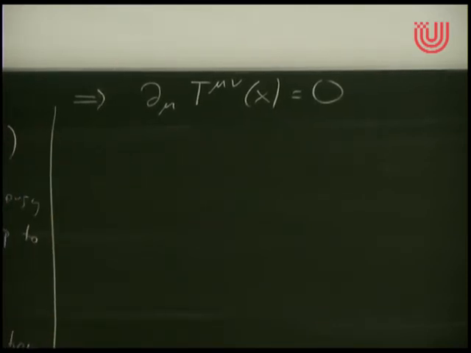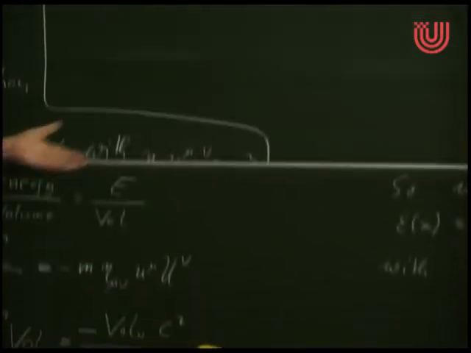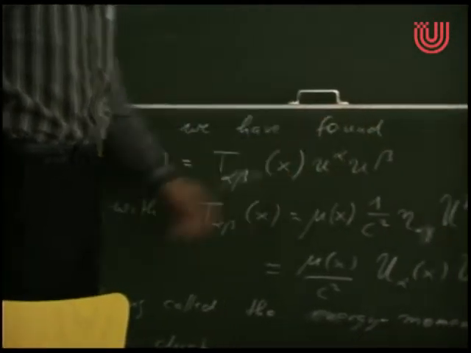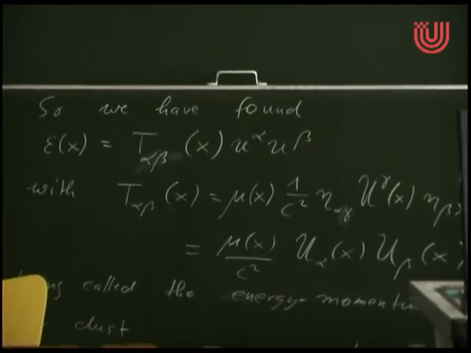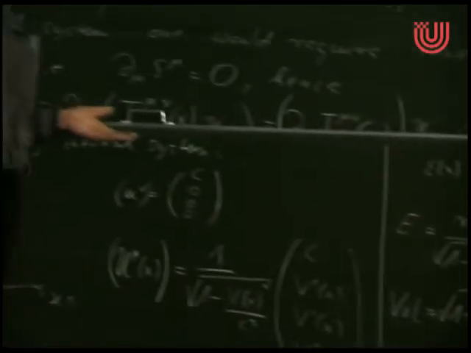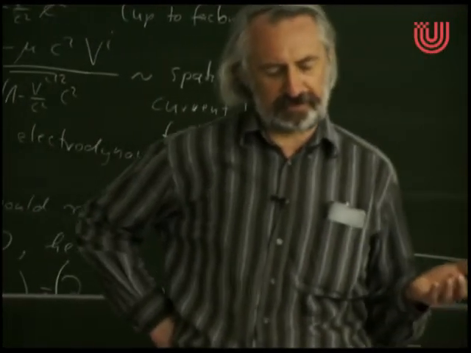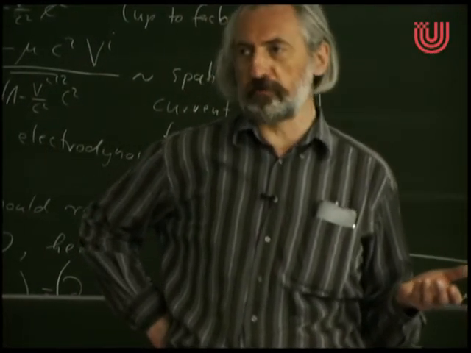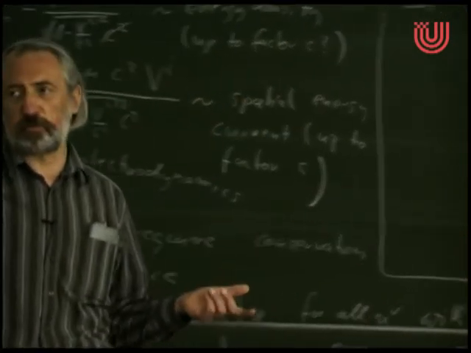So we have worked this out, this energy momentum business, for dust only. Yeah, that's the simplest case. And for this case, we were able to write the form of the energy momentum tensor explicitly. Other systems, of course, have more complicated energy momentum tensors. We will do an exercise for the next most simple case, which is a perfect fluid. A perfect fluid has, in addition to the mass density, also a pressure.